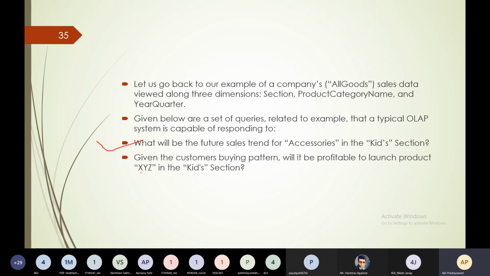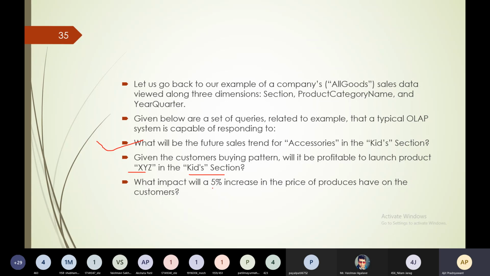Similarly, given the customer buying pattern, will it be profitable to launch product XYZ in the kids section? You can answer this easily when you have the data in your hand. So OLAP gives you very much empowerment to take the decision based on real-time data.